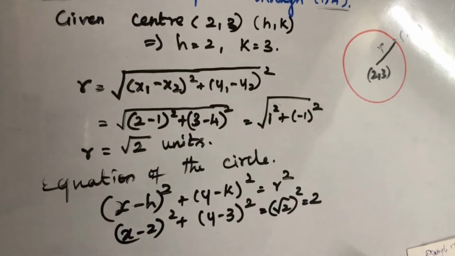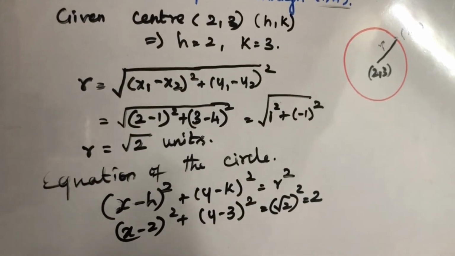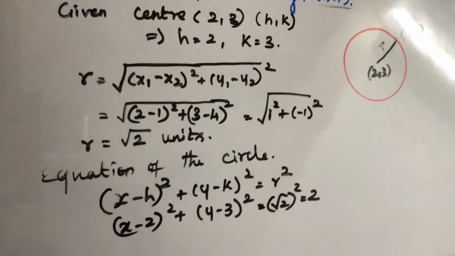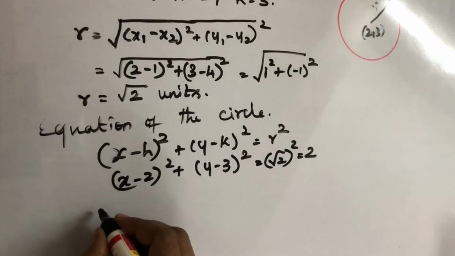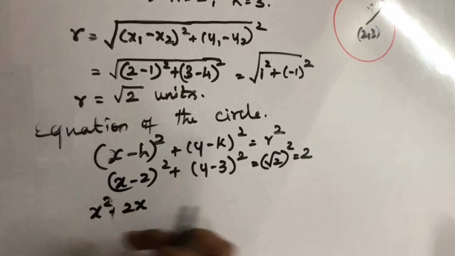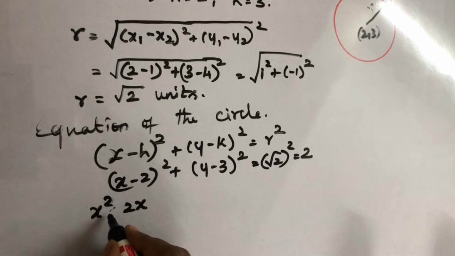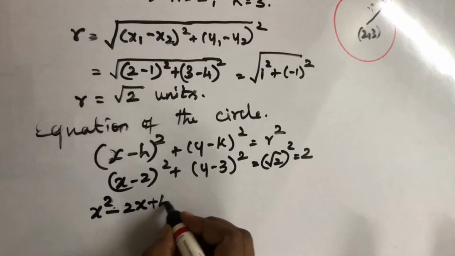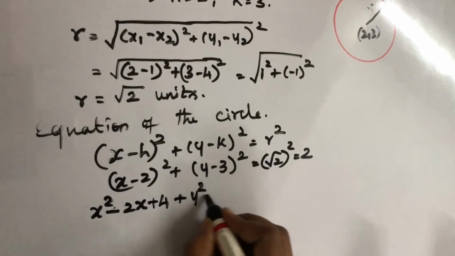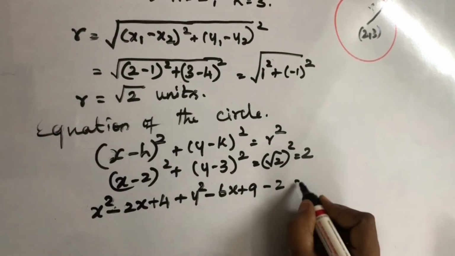So, now we can expand and calculate the equation of the circle in our usual method. x square minus 4x plus 4 plus y square minus 6y plus 9 minus 2 is equal to 0.